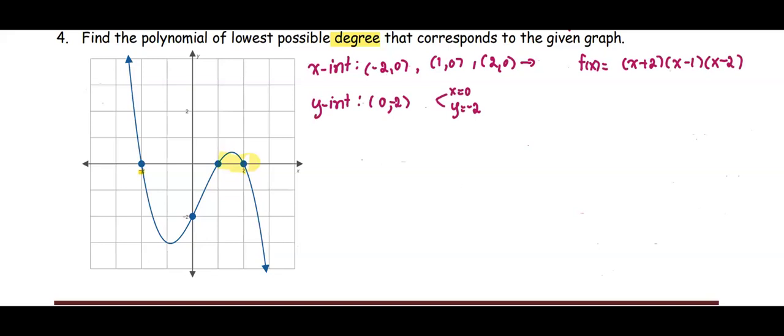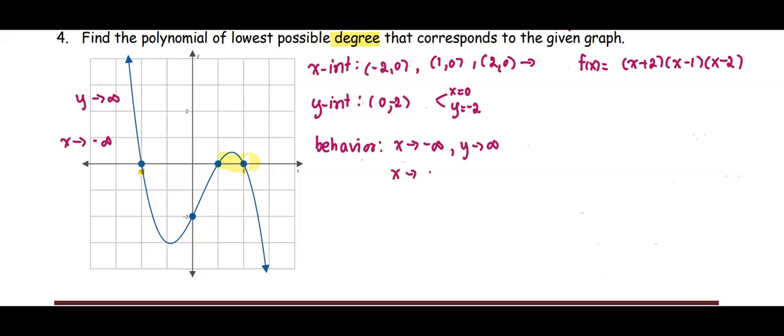Next, we're going to see the behavior to help us identify the leading coefficient and the leading power. The behavior of the graph, as we see, as x approaches -infinity, y approaches +infinity.